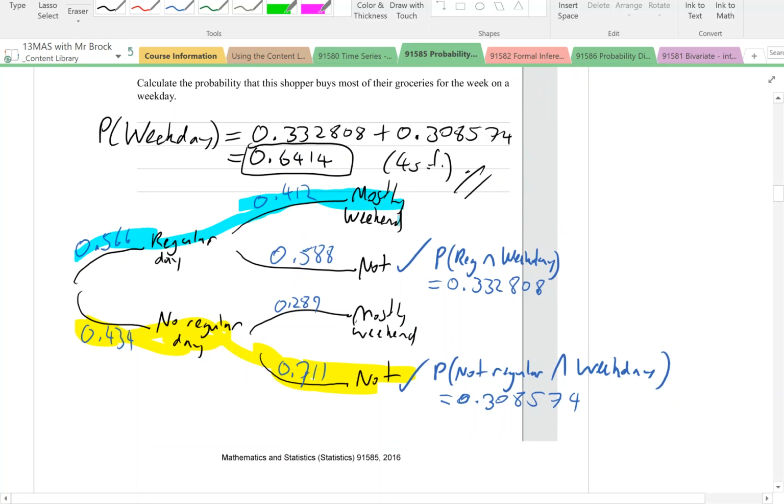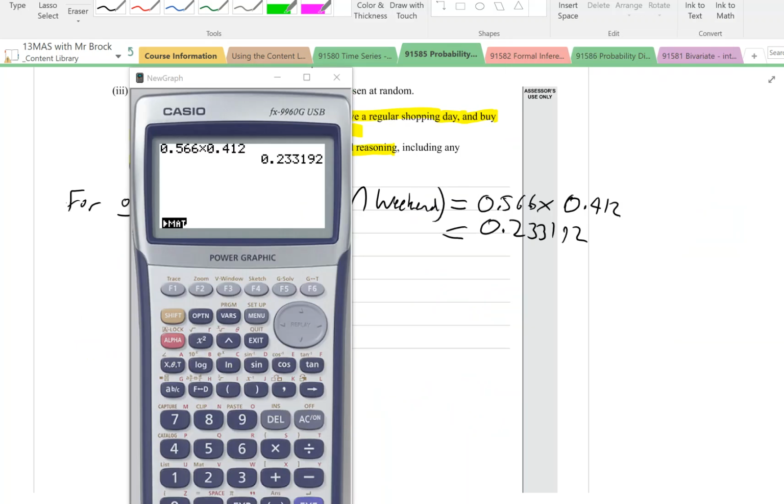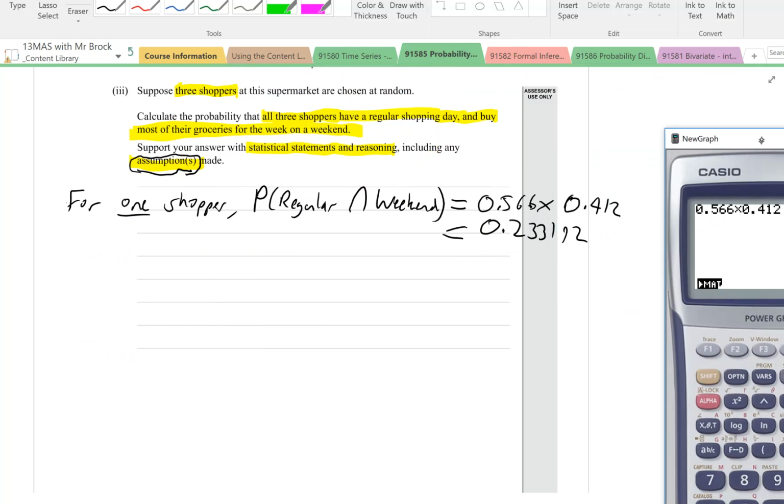So 0.566 times 0.412, and the answer is 0.233192. We won't round that yet because we're not finished. Okay, so we've got that written down and we've labelled what we're doing.